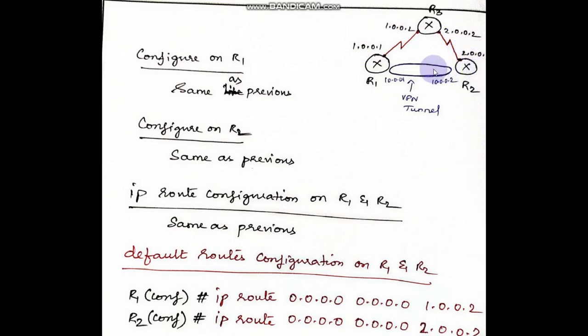So I want to make a tunnel between R1 and R2. See, in this topology R1 and R2 are not directly connected. So how can I make a tunnel? We'll see.